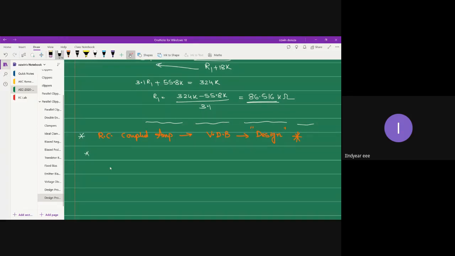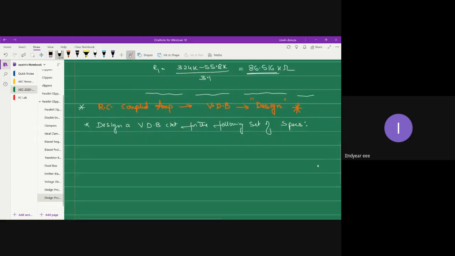Take down the problem statement. Design a voltage divider bias circuit for the following set of specifications.